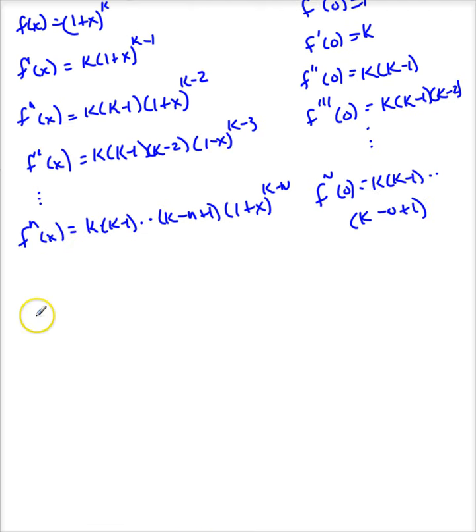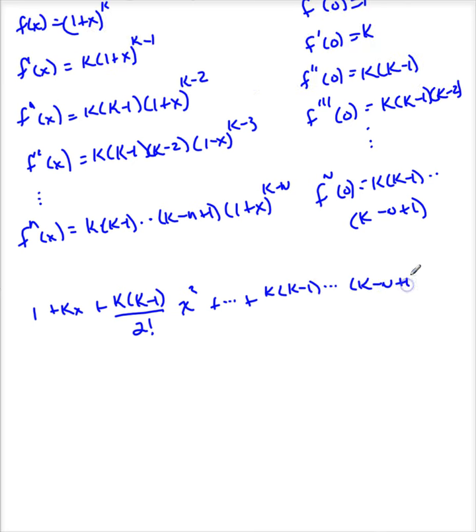Let me expand here. My series is going to be 1 plus kx plus k times k minus 1 divided by 2 factorial times x squared plus, okay, I'm tired of writing these, k times k minus 1 all the way up to k minus n plus 1 divided by n factorial all times x to the n.